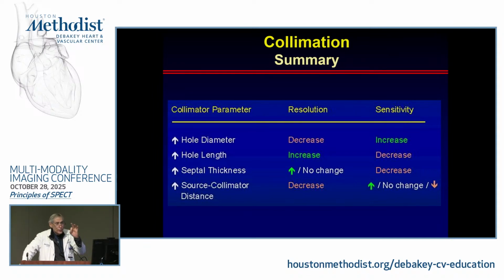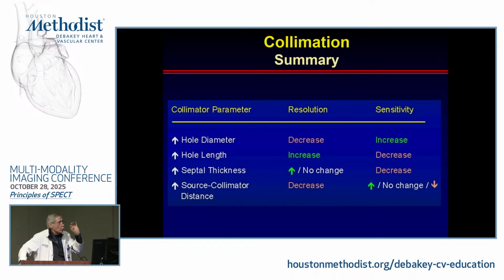However, you sacrifice resolution for sensitivity, because a lot of those photons that are going to get through that big hole are going to be scattered photons from all different parts of the body that we shouldn't or wouldn't want to even image, okay? So there's always this balance between resolution and sensitivity, the number of counts that you can actually acquire.